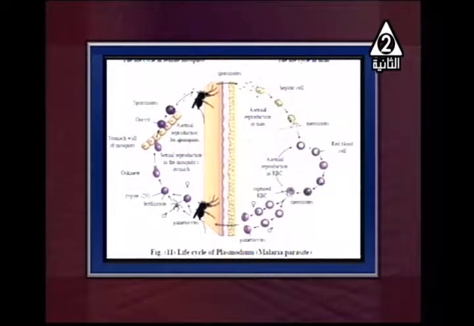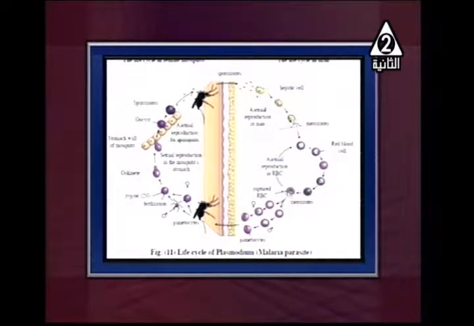And here we have the picture of the life cycle of Plasmodium, the malaria parasite. Here we have the Anopheles mosquito, when it absorbs an amount of blood from the human, and the sporozoites transfer to the human liver and infect liver cells, and also infect red blood cells.